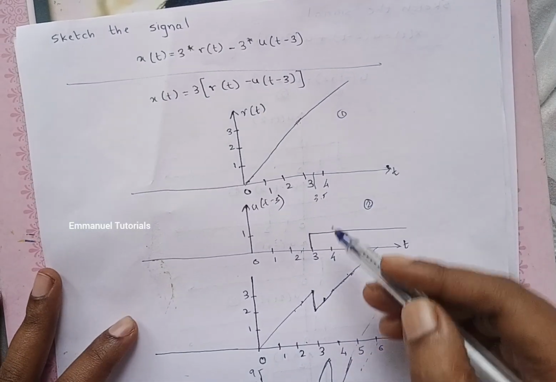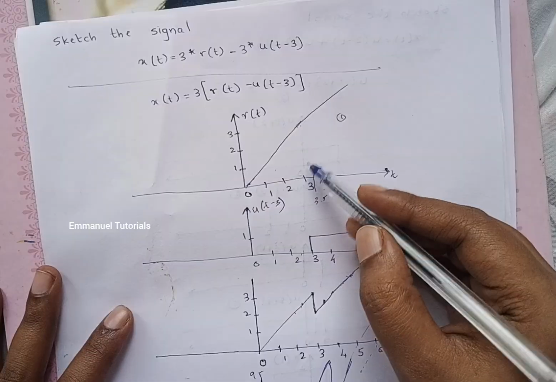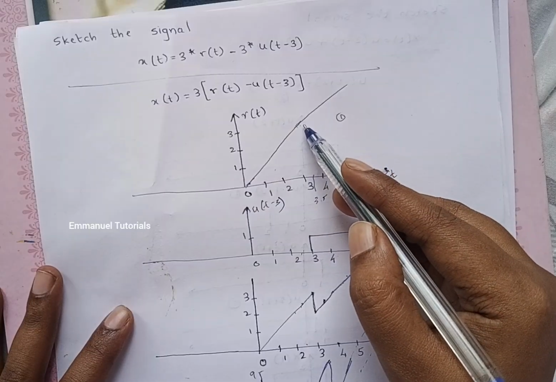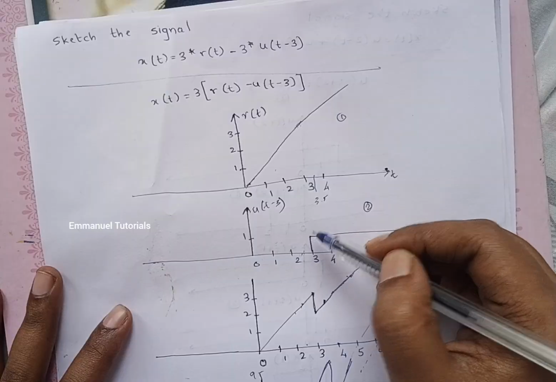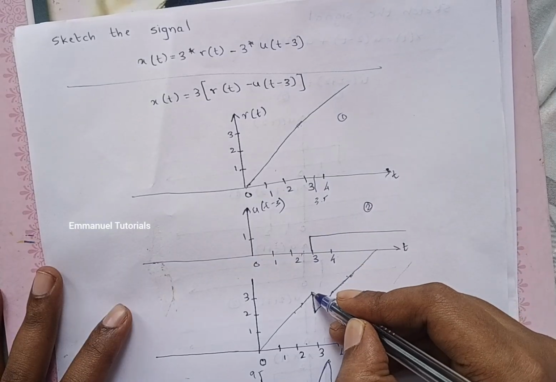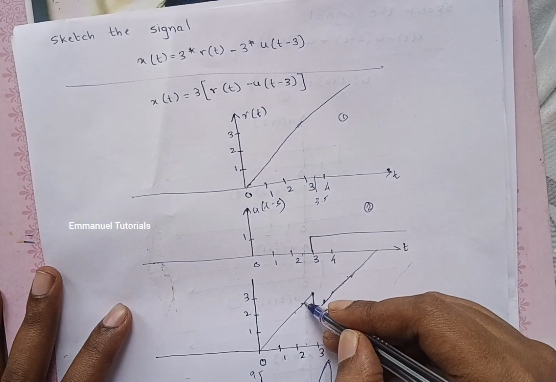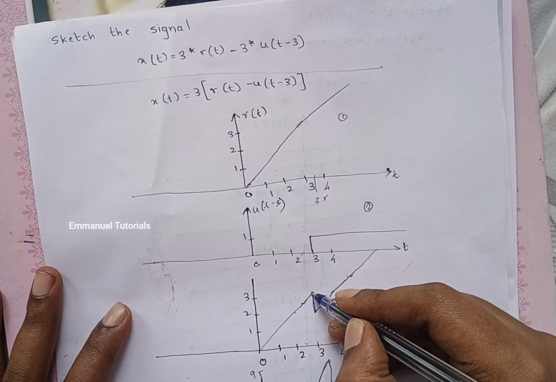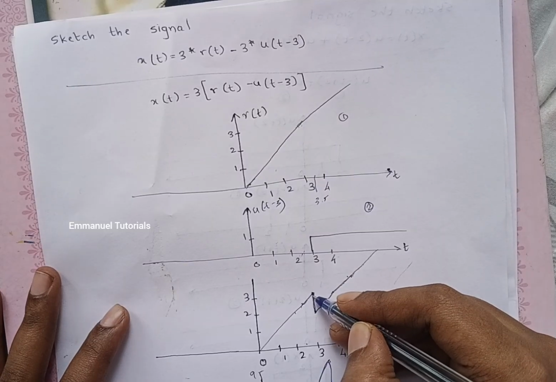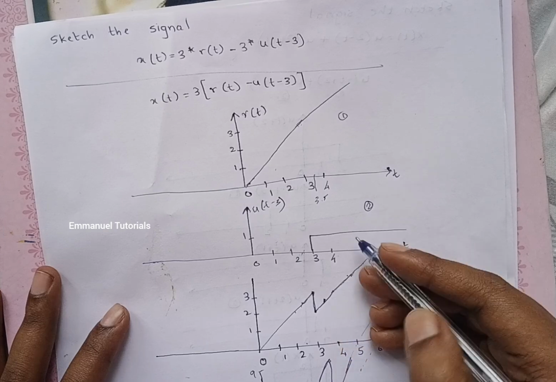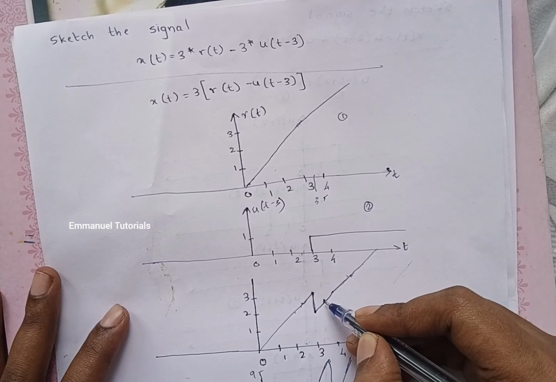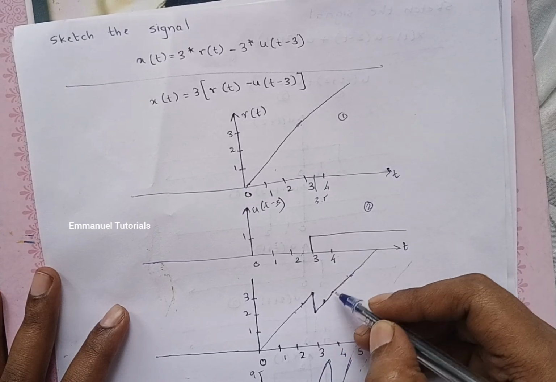reflect it over here. So here you can see that at 3, first signal's amplitude is 3, second signal's amplitude is 1, so 3 minus 1 is 2. So what is happening is, it's going to continue with the same amplitude. At 3, there's a sudden drop to 2, and then again it's going to increase. So at 3.5, signal's amplitude is 2.5.